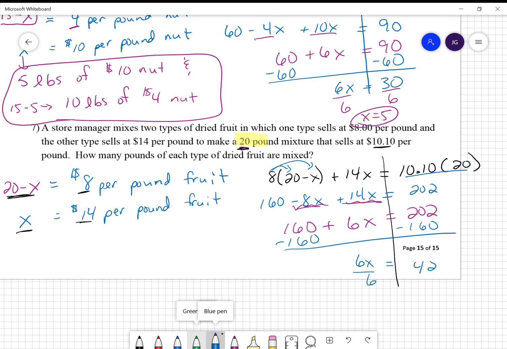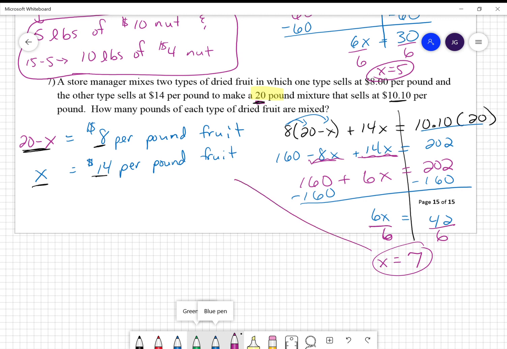Divide by 6. It's supposed to be in a different color. X equals 7. Now, 7 pounds of $14 fruit, and then 20 minus 7 would be 13 pounds of $8 fruit.